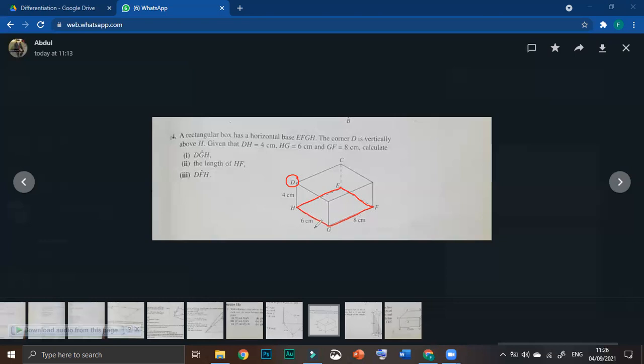We want to find out the angle DGH. Calculate the angle DGH.